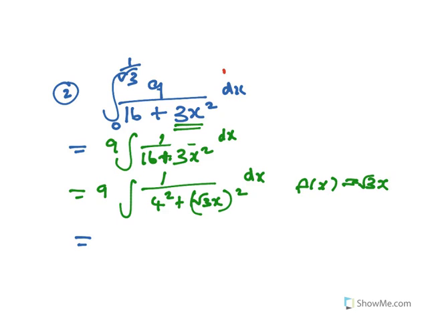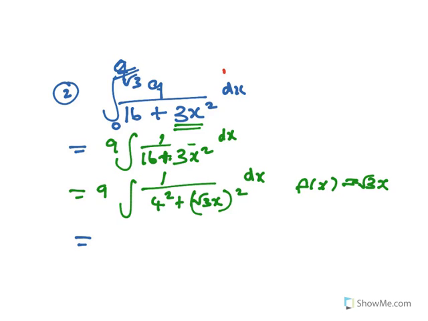So I'll just get a better number in there. So let's make that a half, or 2. If I make it 2, it's going to be root 3 and x on 4. Yeah, so if I make it 4 on root 3, then it'll cancel out and be a bit nicer.